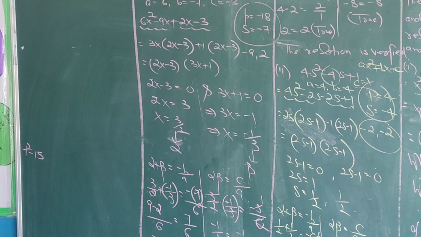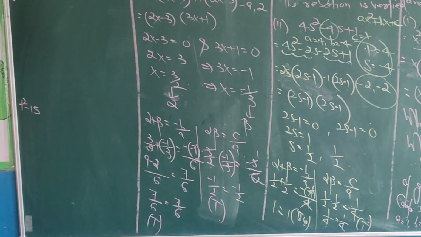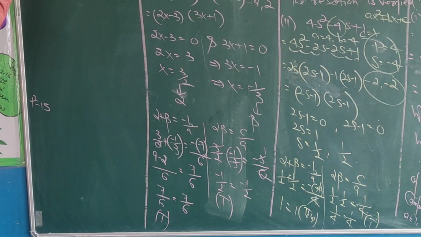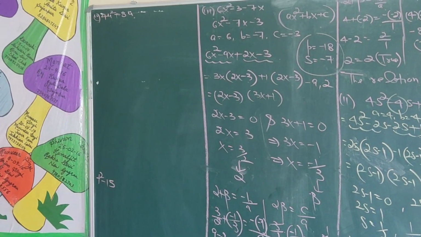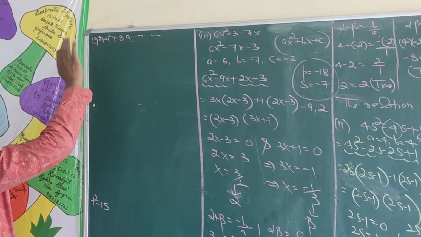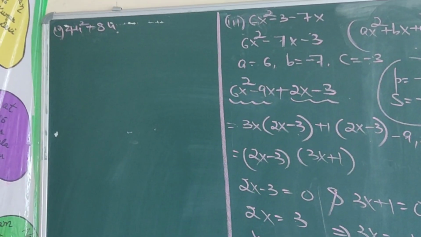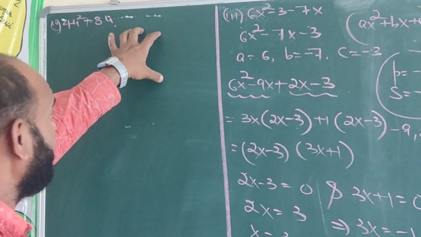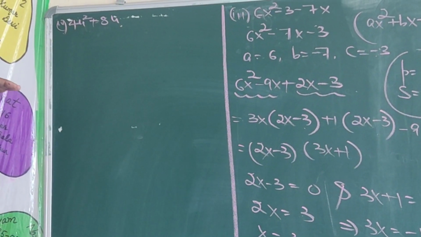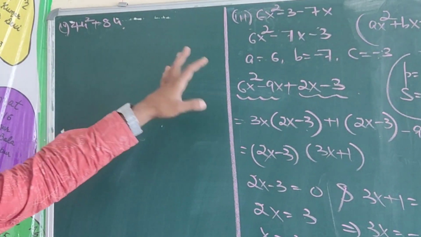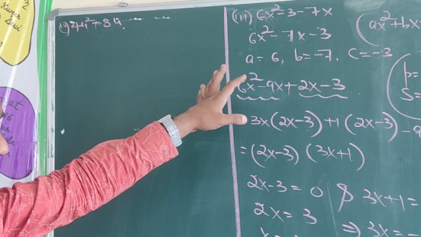And this another example is the fourth part. Here the quadratic polynomial is given by 4u square plus 8u, because in this quadratic polynomial the three terms are not prime. So we can solve it directly, without factorization, without splitting the middle term.